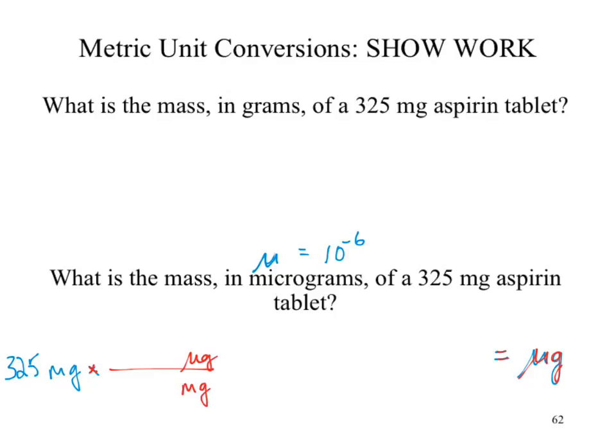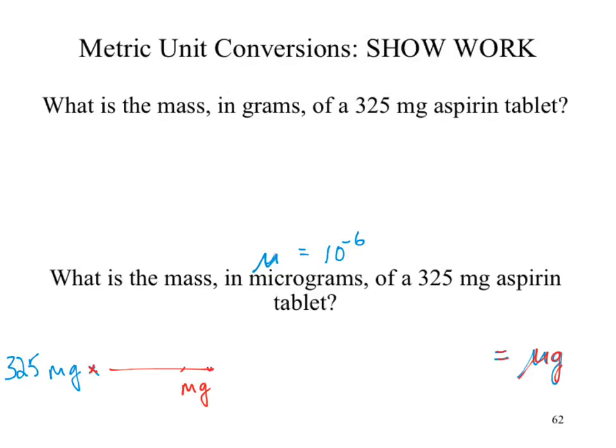Is there a conversion factor relating microgram to milligram? I'm going to take that silence to mean no, we don't have that conversion factor, so we have to convert something else out. Milligram probably makes sense because we don't know what's going on with the microgram yet. So we want to convert that milligram to something else.